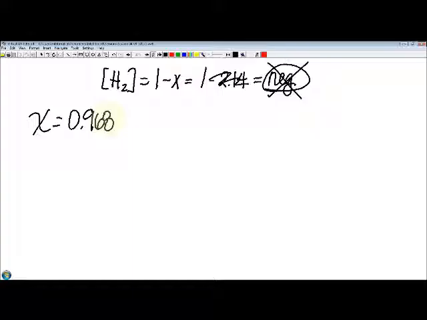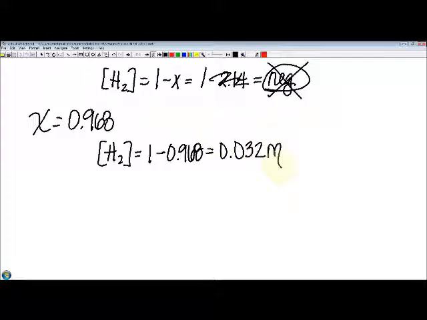So then we can solve for all of our concentrations. So the H2 is 1 minus the 0.968. So the H2 is 0.032 molar. The concentration of the F2 is 2 minus the 0.968. So that one is 1.032 molar.